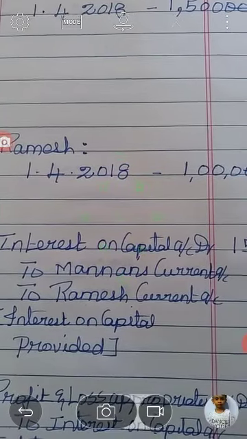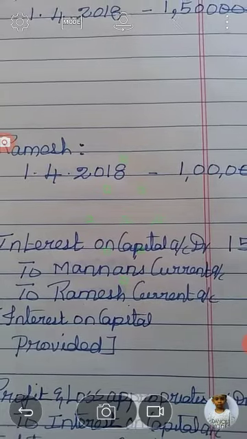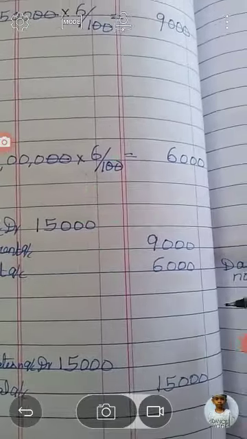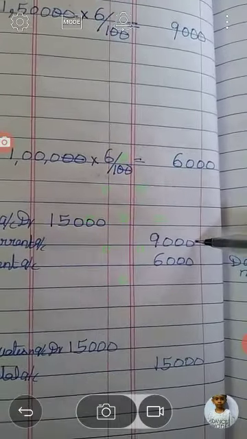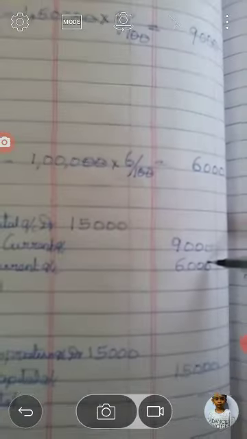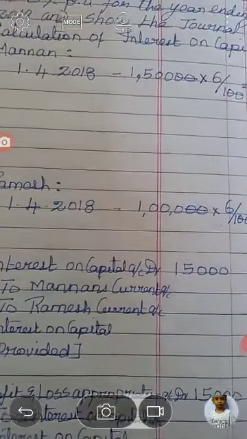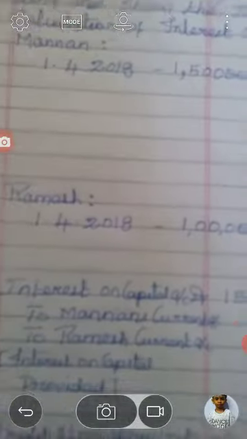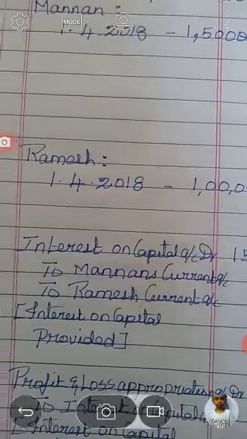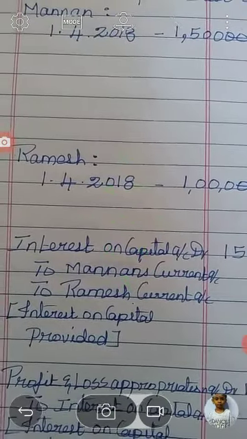So you make a journal entry as interest on capital account debit to Mannan's current account and Ramesh's current account. Mannan's interest on capital is 9,000, Ramesh's is 6,000. You total it, and it is posted on the debit side as 15,000. Within that we write a narration: interest on capital provided.